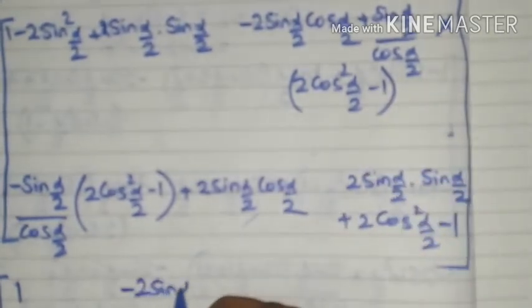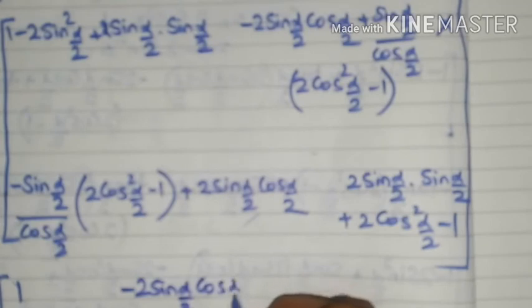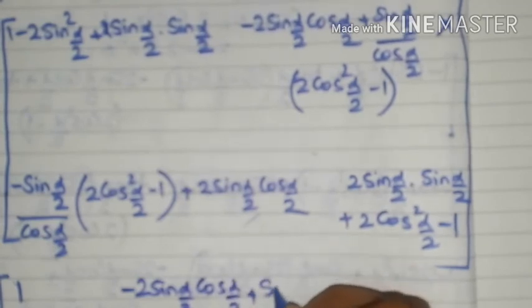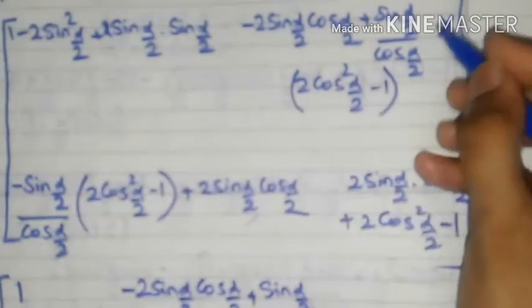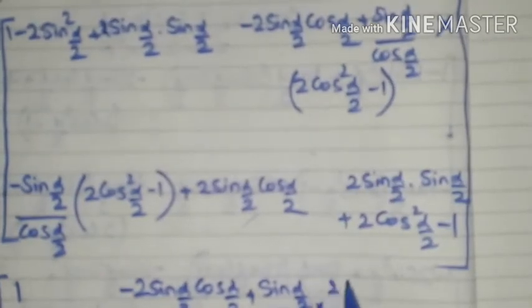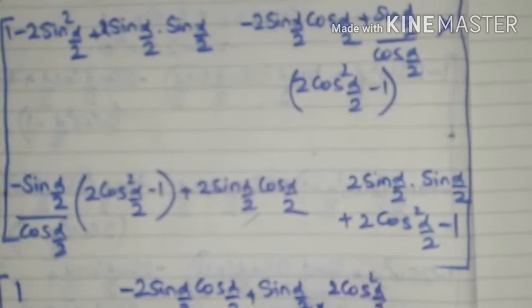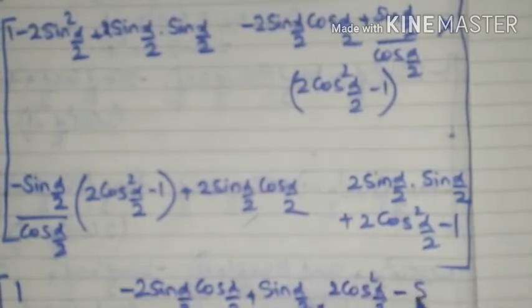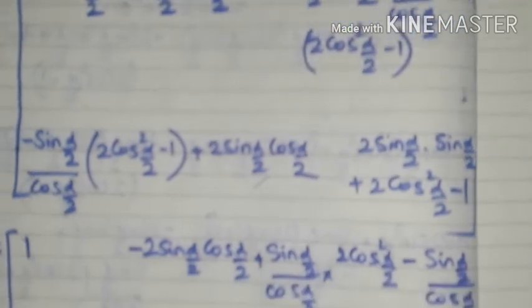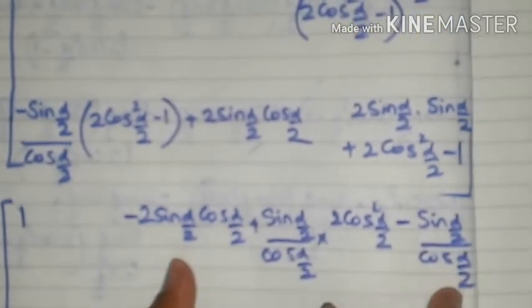I'll get minus 2 sin alpha by 2 cos alpha by 2 plus sin alpha by 2 upon cos alpha by 2, open the bracket, into 2 cos square alpha by 2. This is one expression, minus sin alpha by 2 upon cos alpha by 2. Okay, so this is the second entry.